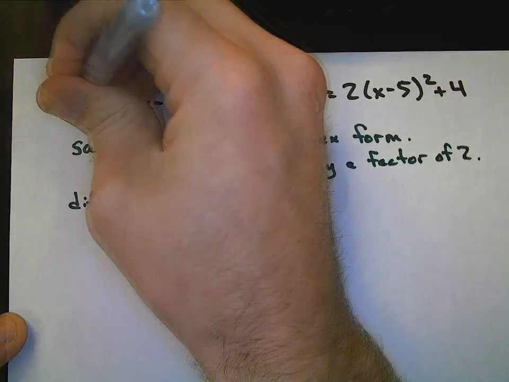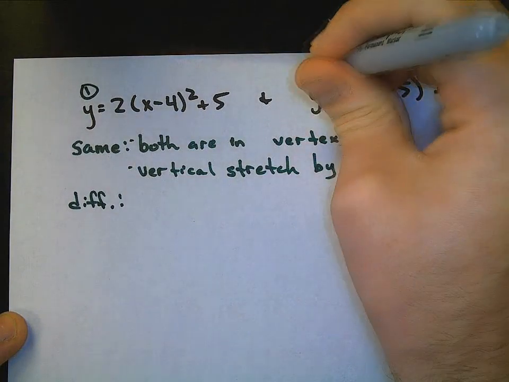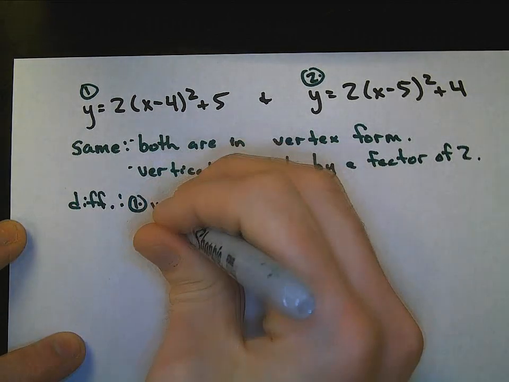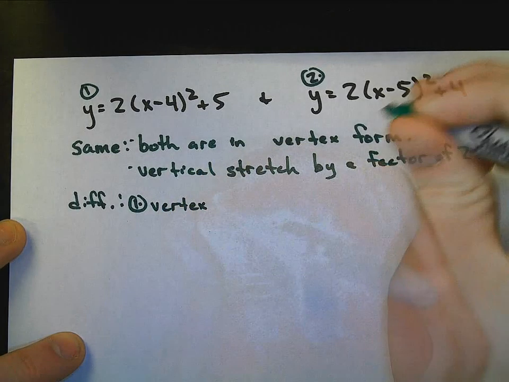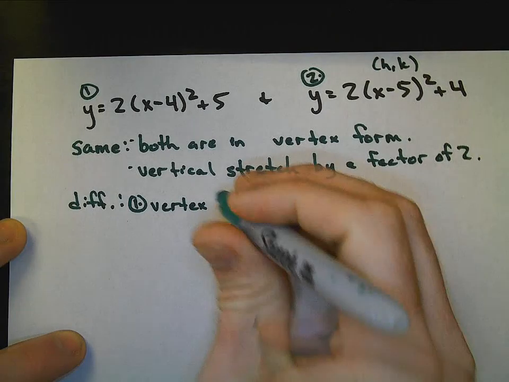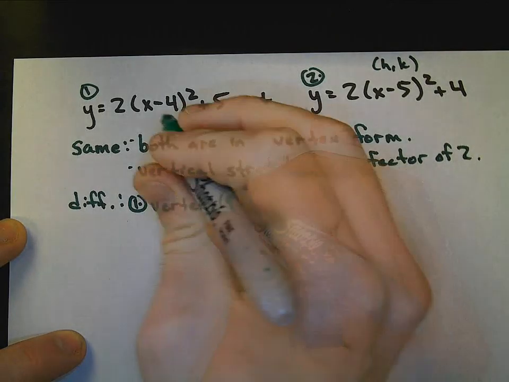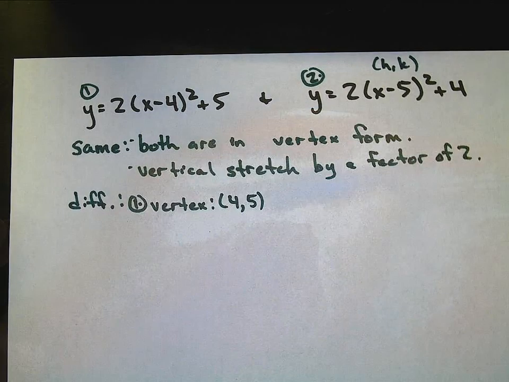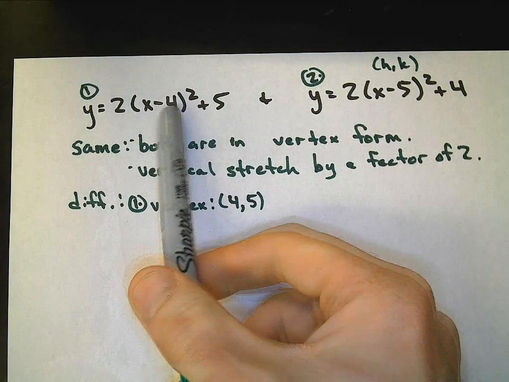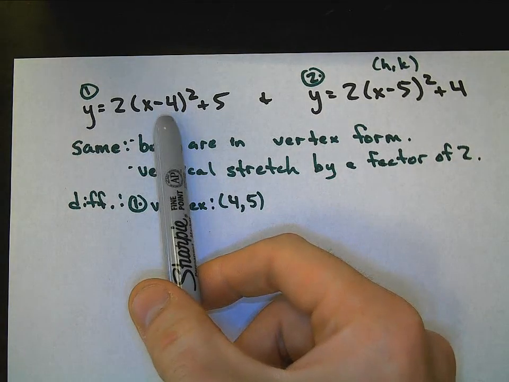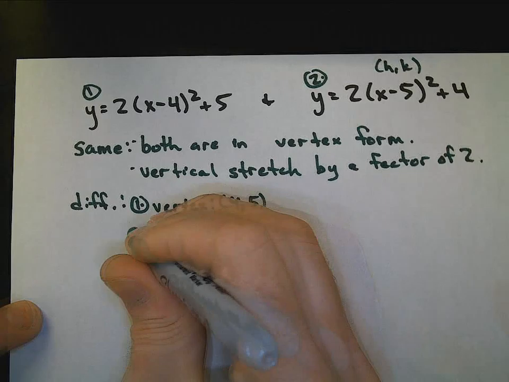Let's call this parabola 1 and this parabola 2. If you look at vertex form for equation 1, we see that the vertex, and remember that is always given by the values of h and k, would be 4, 5. It's a good idea just to remember that the h value inside the brackets will simply change signs. So the negative 4 will change to our positive 4.